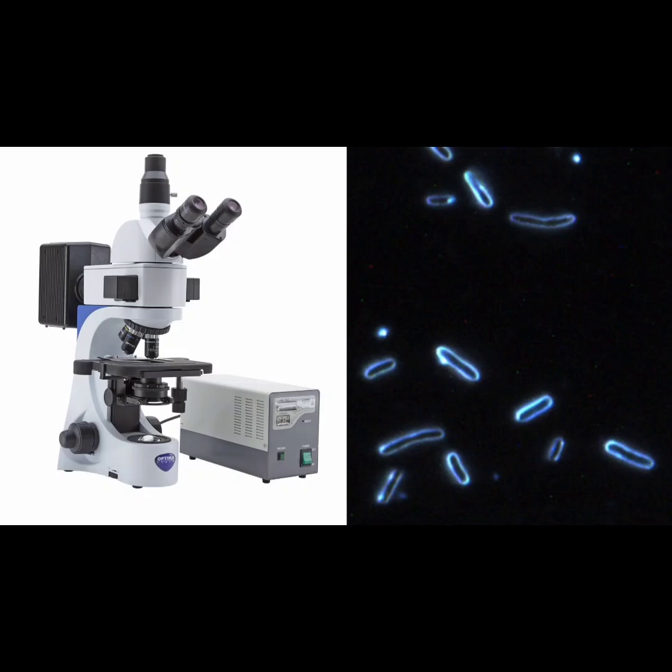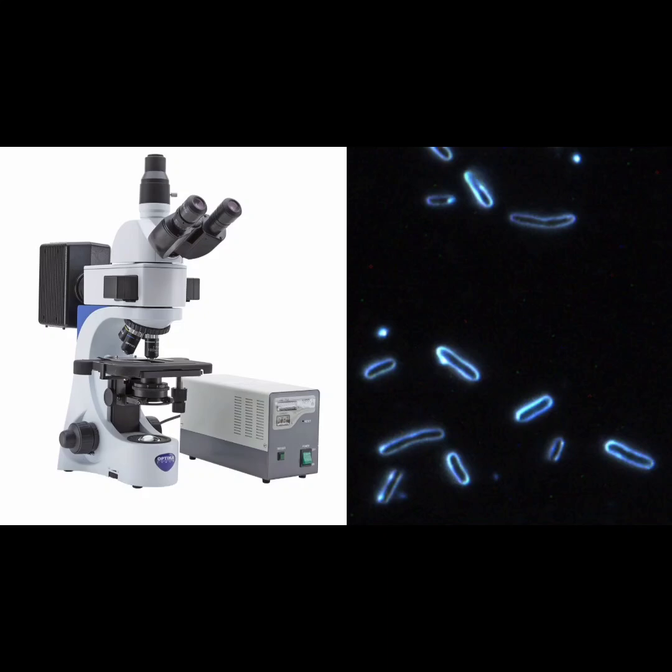The light source to provide the shorter wavelength is used in addition with the other microscope, and the right side shows the bacteria visible in the fluorescent microscope. They appear self-luminous, bright against the dark background. This is the appearance of the bacteria in the fluorescent microscope.